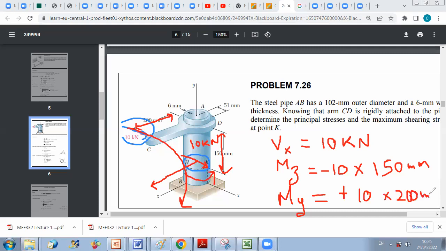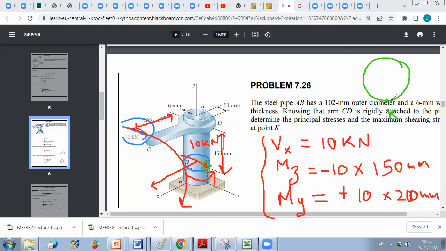Now, once I find the effect of the force on the section of interest, I will start to see how these internal forces and moments will affect the point of interest. So first, if I consider the element here at K, this is my element of interest. I can represent the cross section again. This is my cross section. This is point K here.